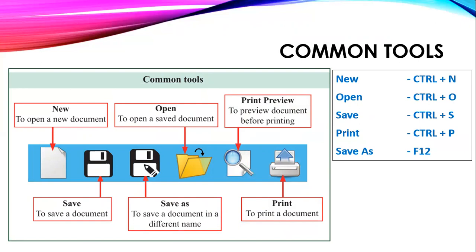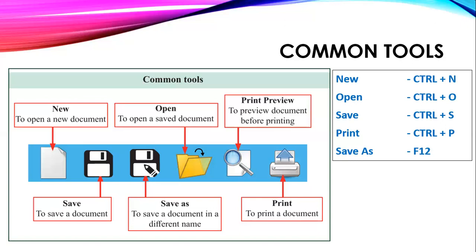For this we can use a shortcut key, which you can see at the side: Control plus N. If you press Control plus N on your keyboard, you can easily open a new Word document.